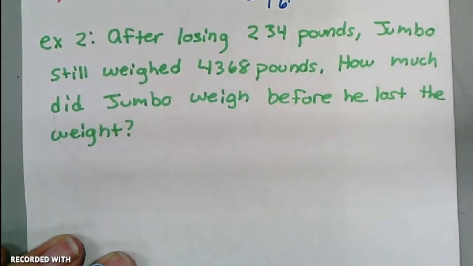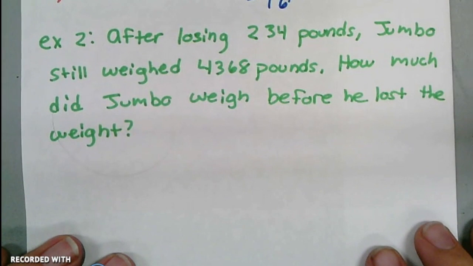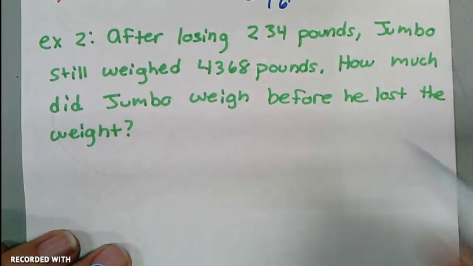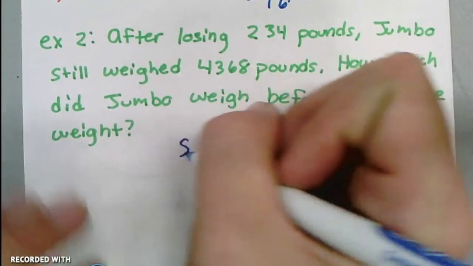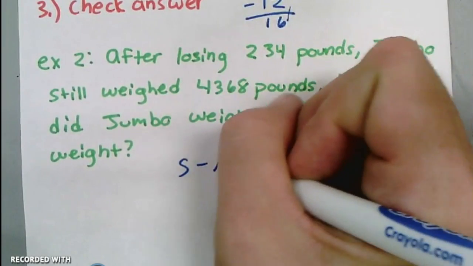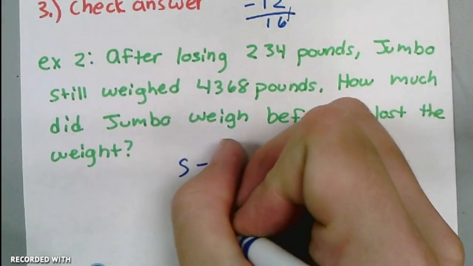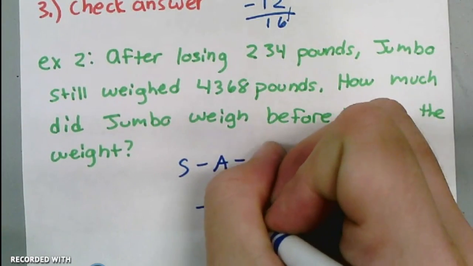After losing 234 pounds, Jumbo still weighed 4,368 pounds. How much did Jumbo weigh before he lost the weight? All right, so I have the sum and what goes away and then what's left. My 234 pounds, it says after losing 234, so that's what went away, minus 234.